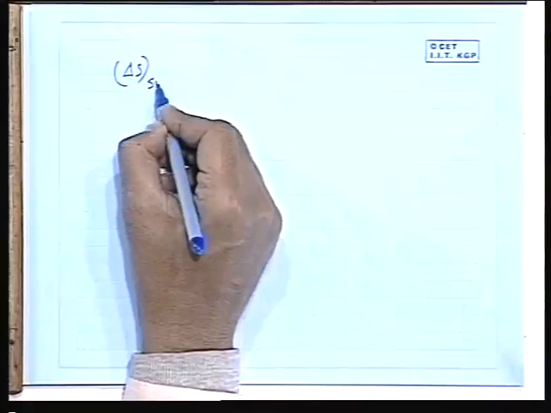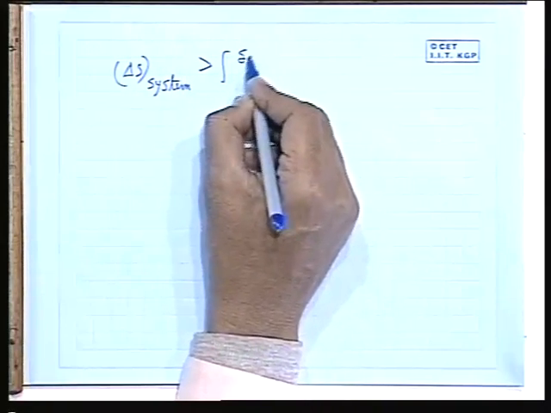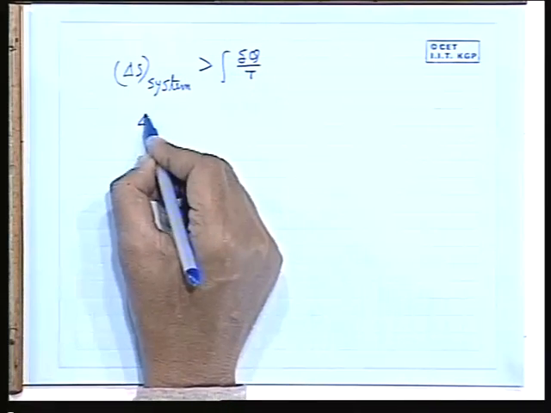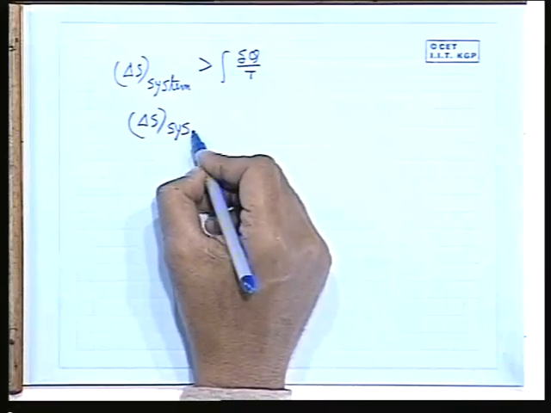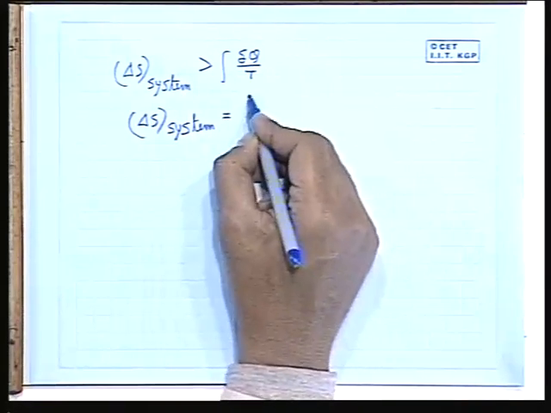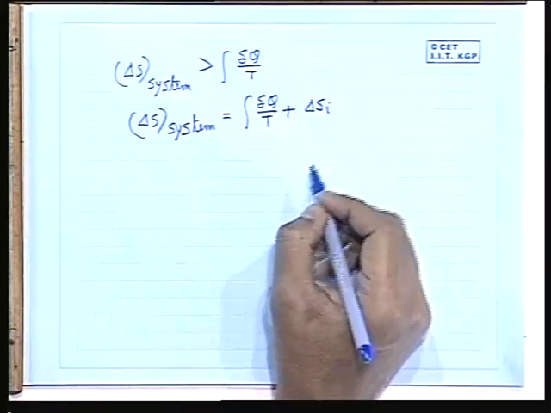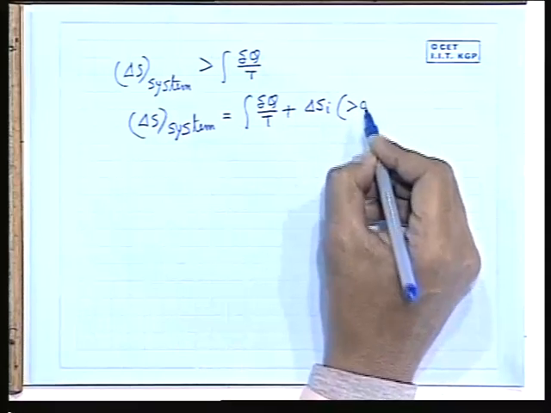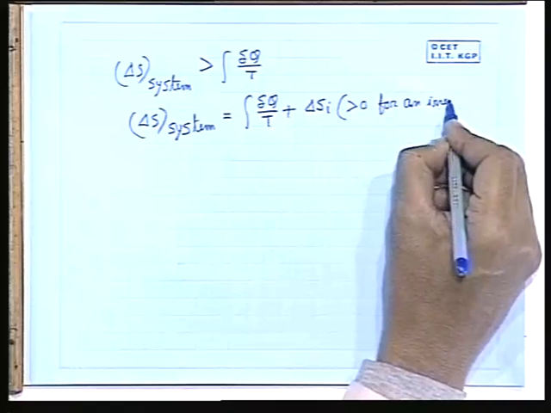Now, after this I come to this concept of delta S of a system. Delta S of a system is greater than or equal to del Q by T, which leads us to think that delta S of a system is equal to del Q by T plus delta S i, some positive quantity, which is always greater than 0 for an irreversible process.